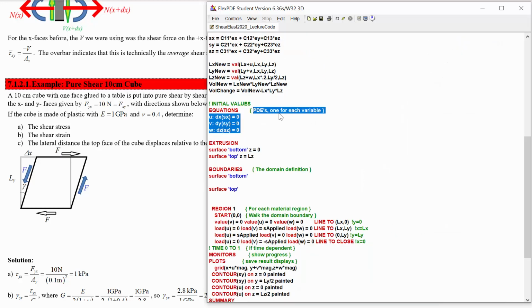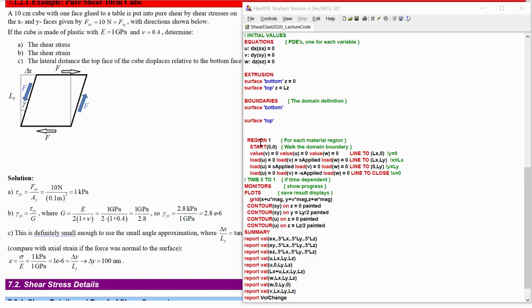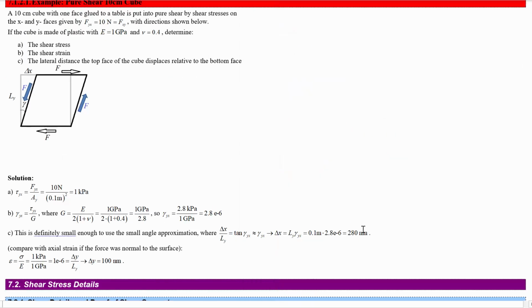And the thing that's wrong is we haven't dealt with how to respond to those shear forces in our differential equations. So how do we modify the code then so that it will work correctly and give us the 280 nanometers of displacement and the 2.8 E-6 shear strain rather than this value in the millions?